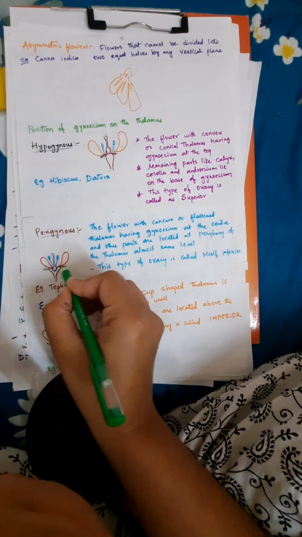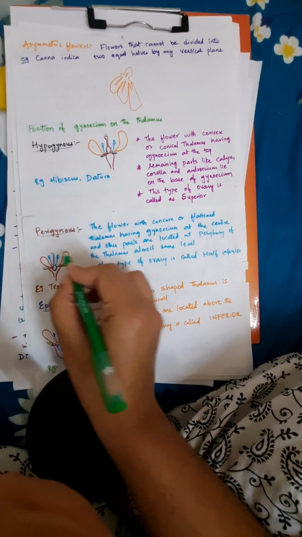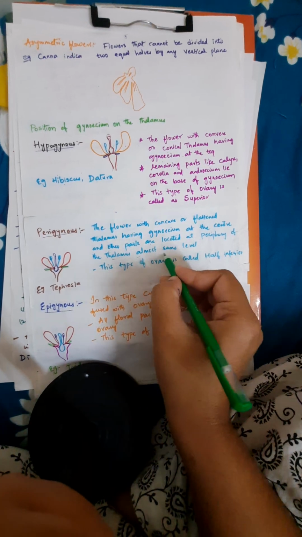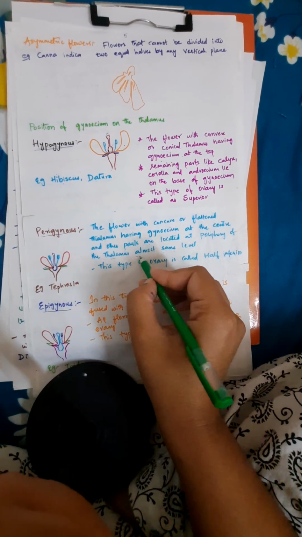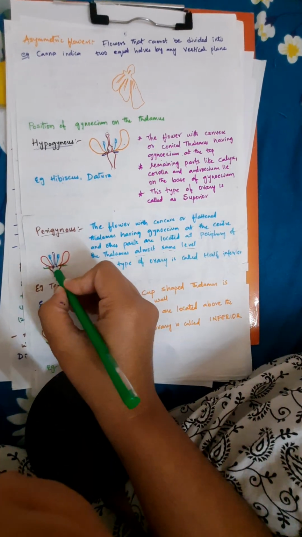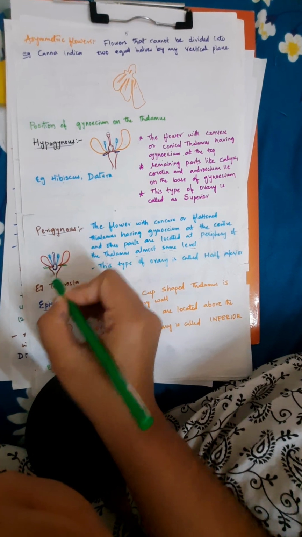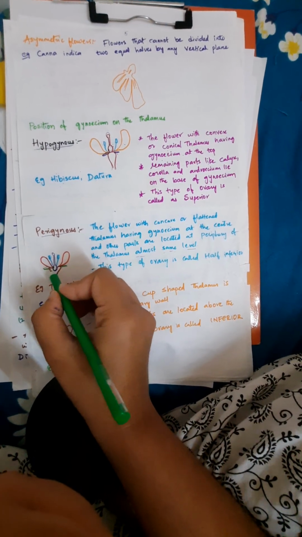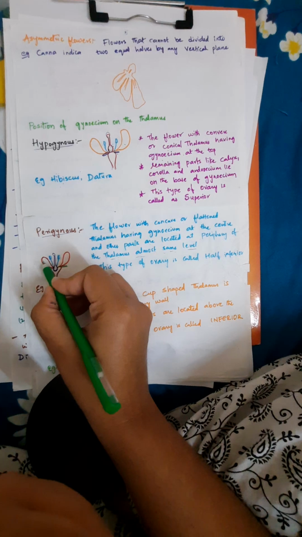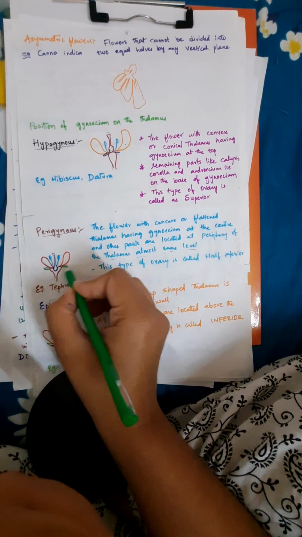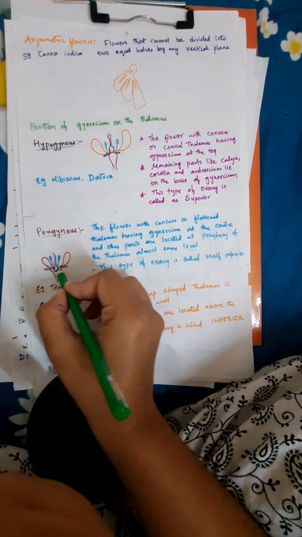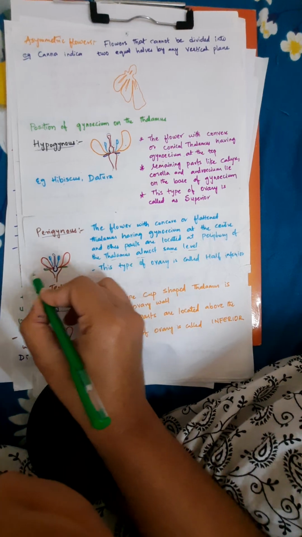Periphery means on the edges. And on the thalamus, almost on the same level, the gynoecium is located. Calyx is there, corolla is there, and the anthers are situated. So all these are located at the same level.